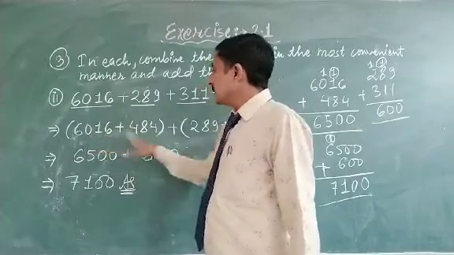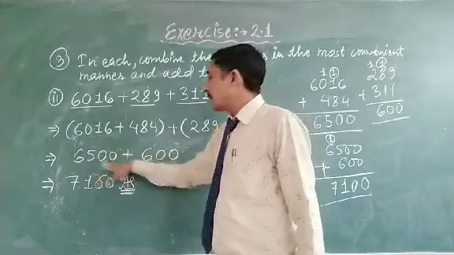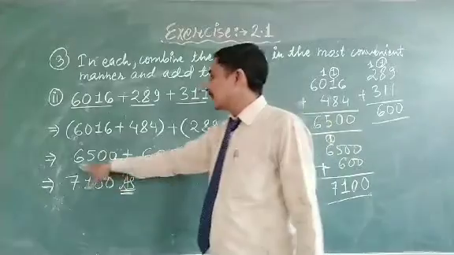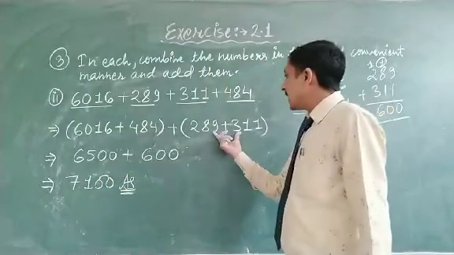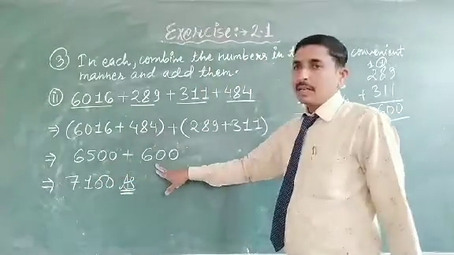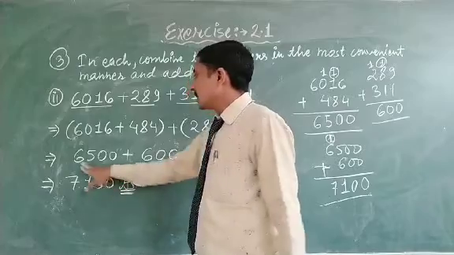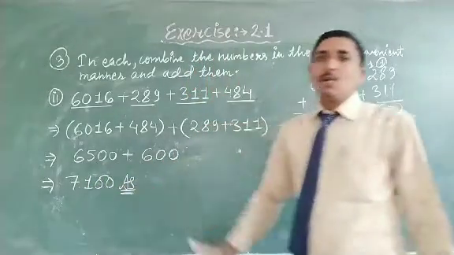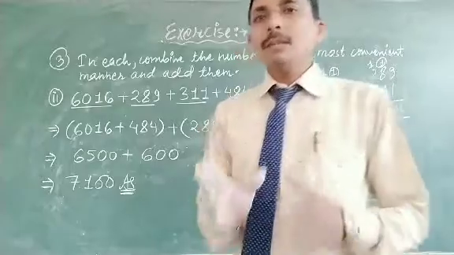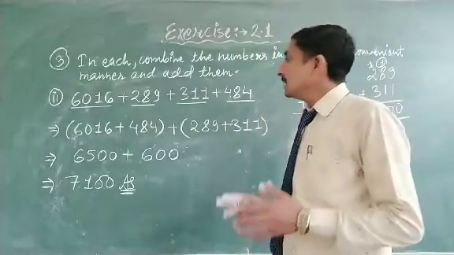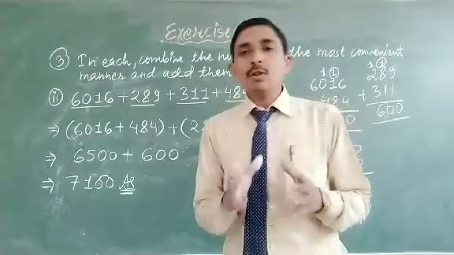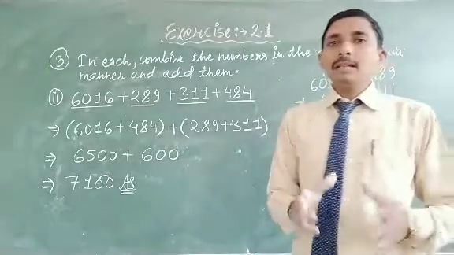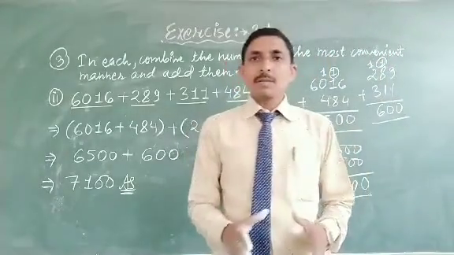When we added these two, we get 6500, and when we added these two, we get 600. Now by adding 6500 and 600, we get the answer 7100. In this way, you have to combine the numbers in most convenient manner and add them.